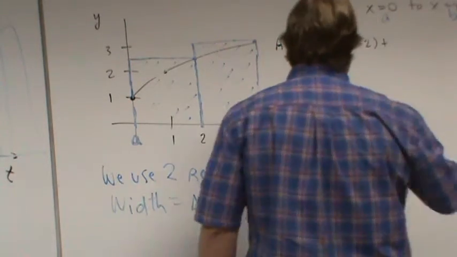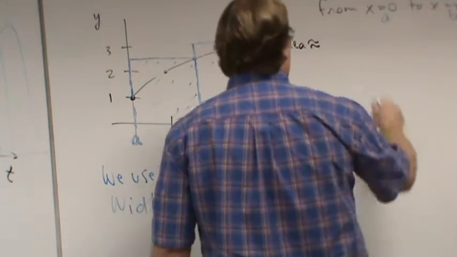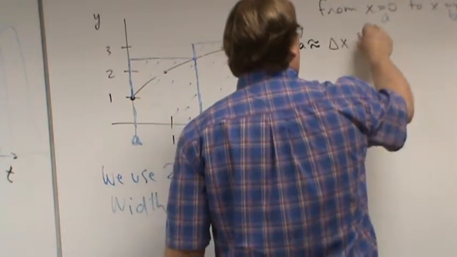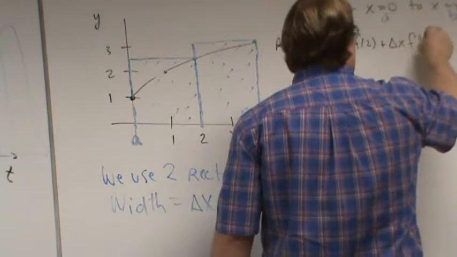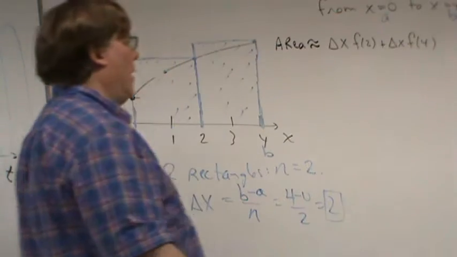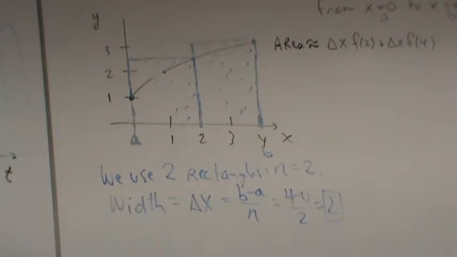Or do you mind if I just write delta x? I'm going to start off by writing delta x times f of 2 plus delta x times f of 4. Are you guys okay? That's the area of those two rectangles.